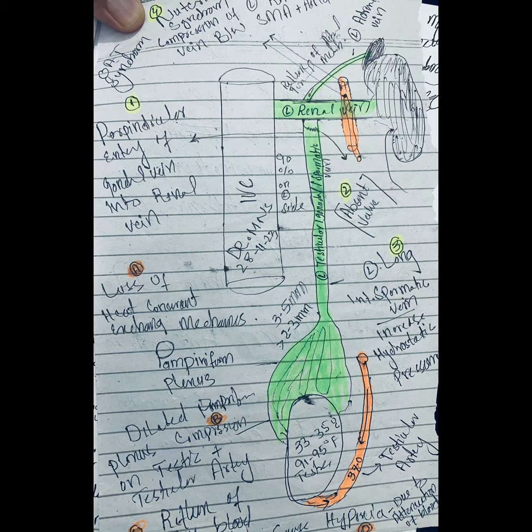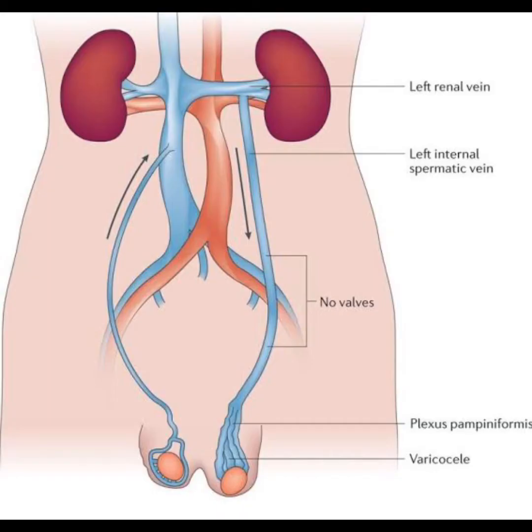So this is one of the reasons that it is more common on the left side: it drains at a right angle into the renal vein instead of into the IVC. Because of this right angle entry into the renal vein, it's common on the left side.